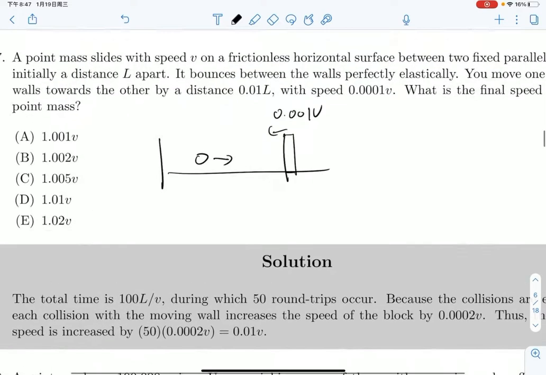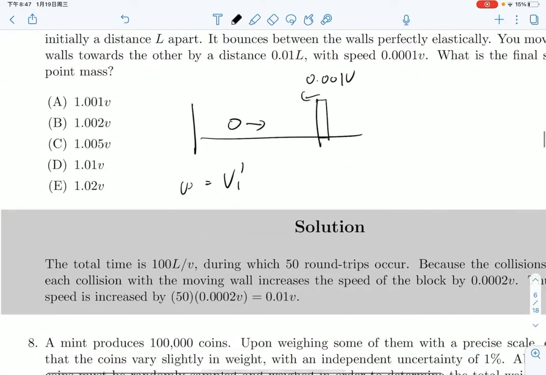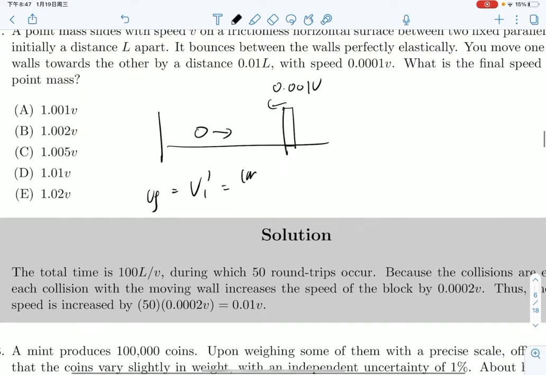For an elastic collision, here's the formula: V1 final, V1 prime, is equal to (M1 minus M2) times V1 initial, and we call that V1, plus 2 M2 V2, divided by M1 plus M2.